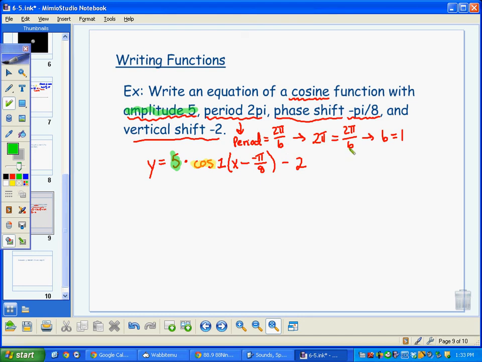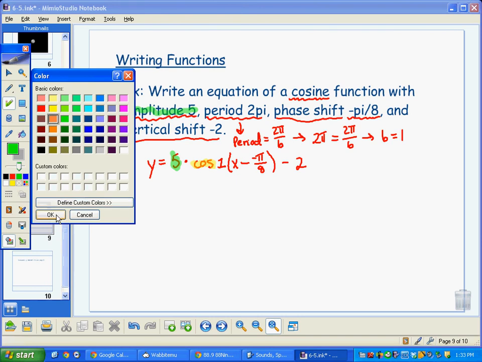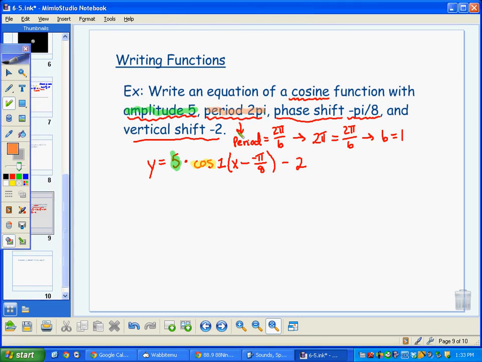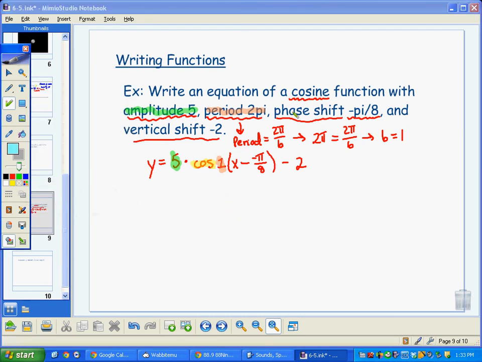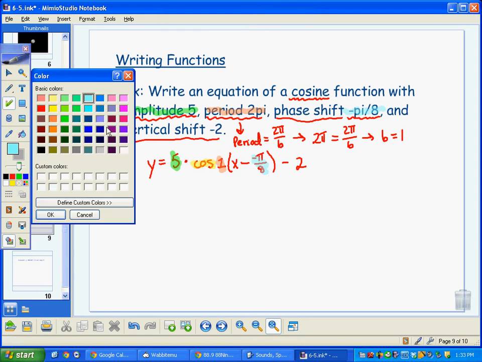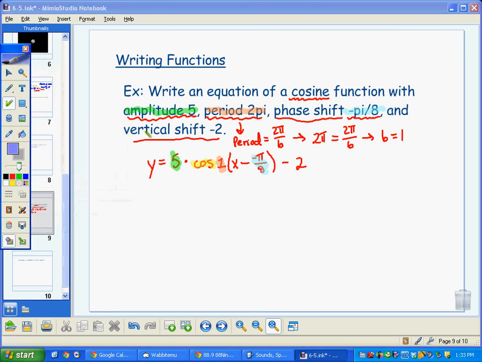Then solving for b, since the period was 2 pi in this case, I had b is equal to 1. So in essence, this right here gave me this part. Then the phase shift of negative pi over 8 went here, and the vertical shift of down 2, went on the end.